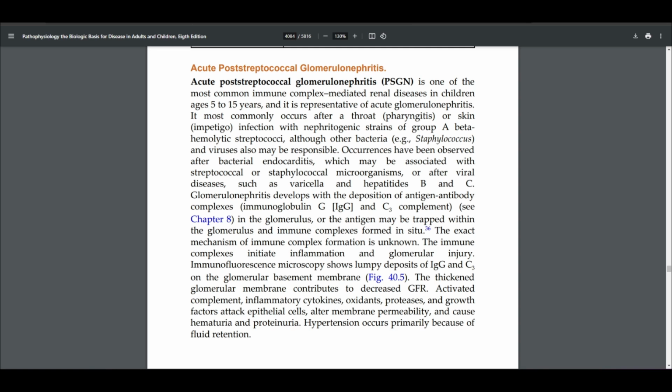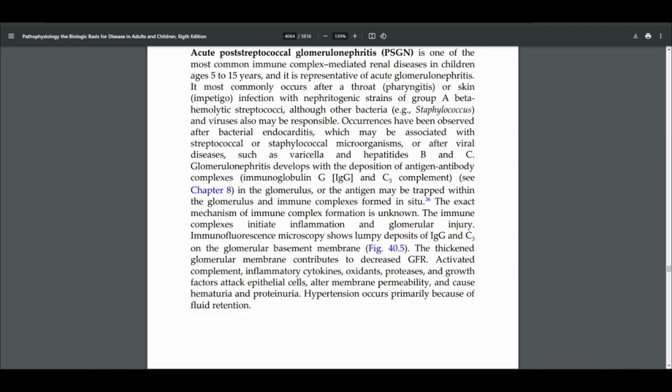It most commonly occurs after a throat infection, pharyngitis, or skin infection, impetigo, with nephritogenic strains of group A beta hemolytic streptococci, although other bacteria, such as staphylococcus, and viruses also may be responsible. Occurrences have been observed after bacterial endocarditis, which may be associated with streptococcal or staphylococcal microorganisms, or after viral disease, such as varicella and hepatitis B and C.